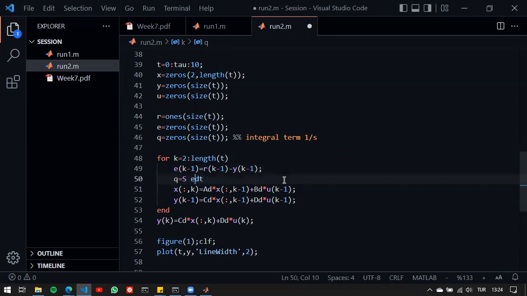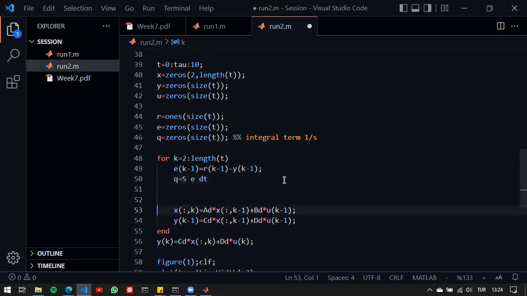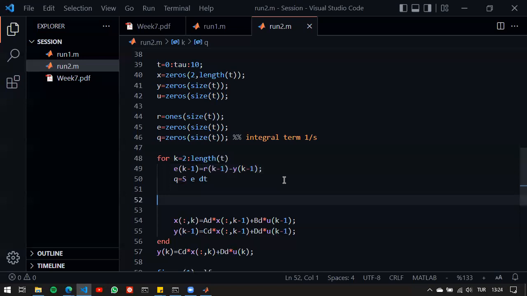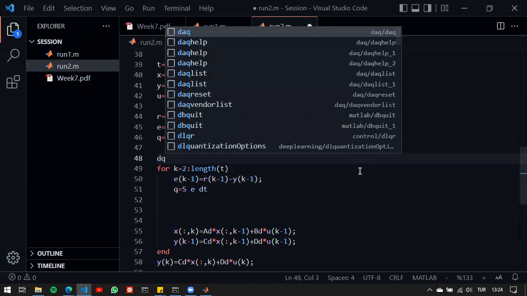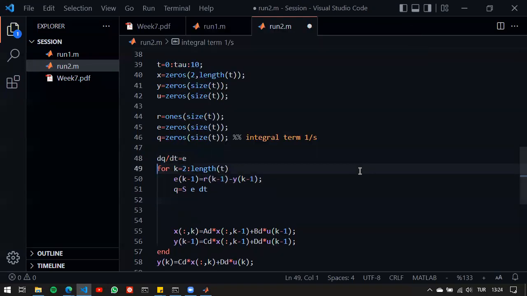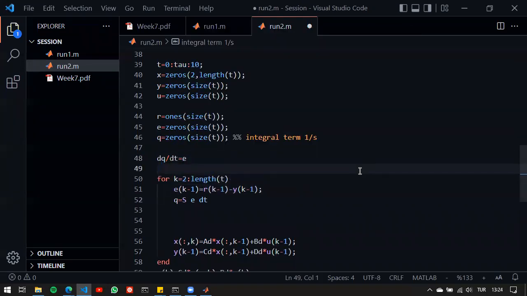So how can we do this? This part is a bit important. How can we take the numerical integral of e? Now, in other words, dq divided by dt should be equal to e. Because if you solve this equation, you'll get e dt.